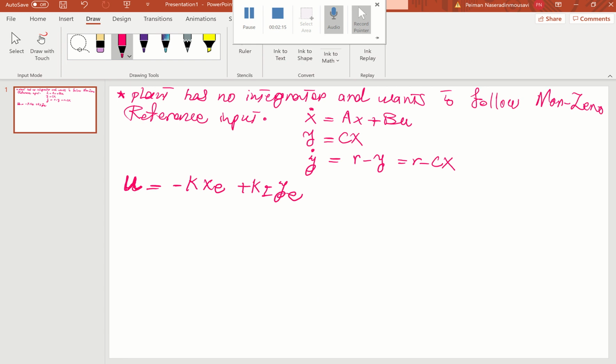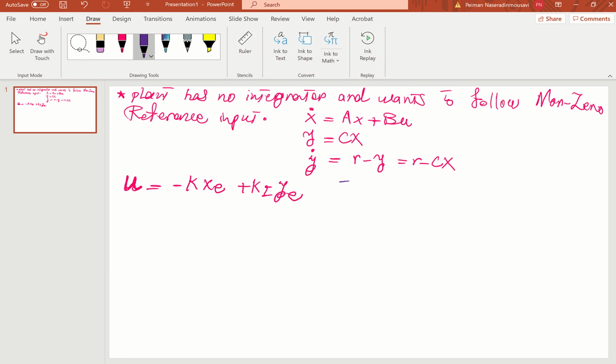Because remember that the state space from the previous class ended to x dot e and zeta dot e, that was equal to your A matrix, which we named as A hat, original A, 0, C vector, 0, and we named this as A hat.